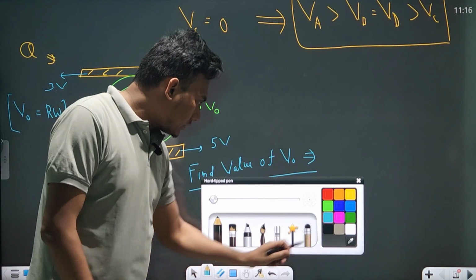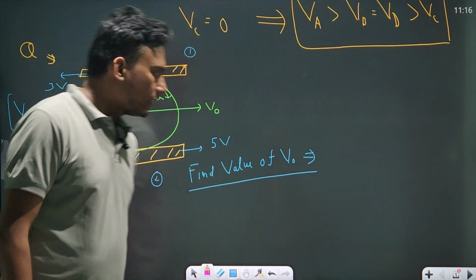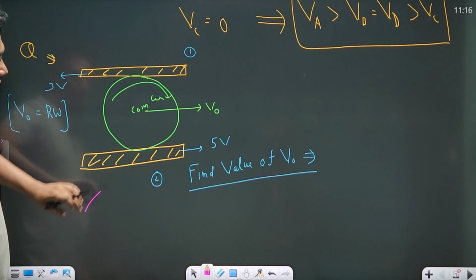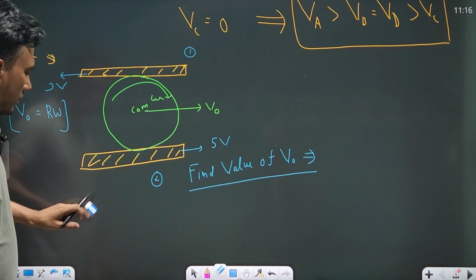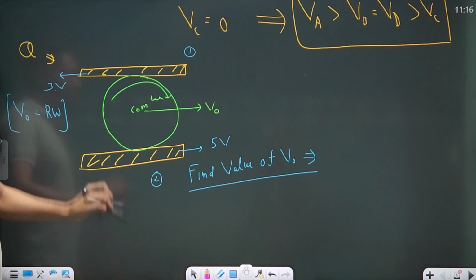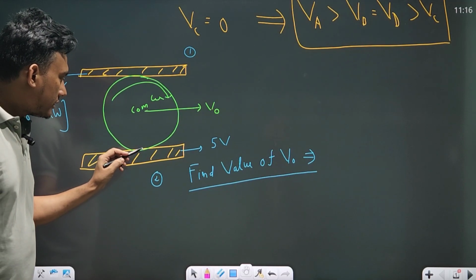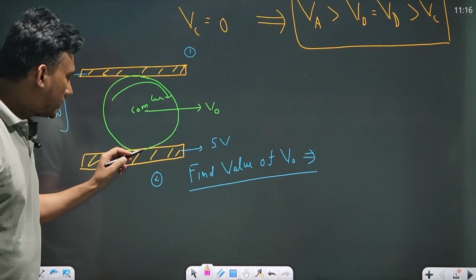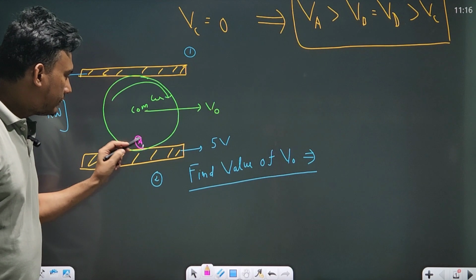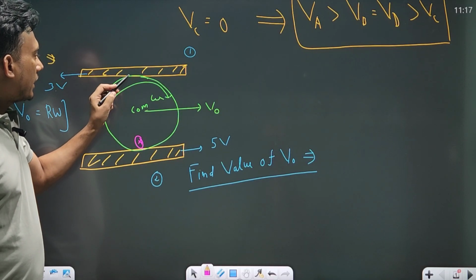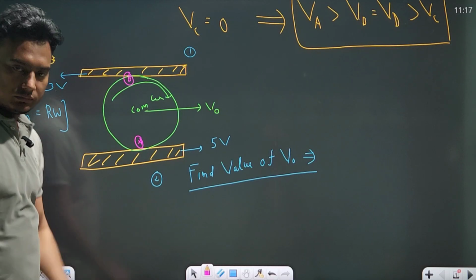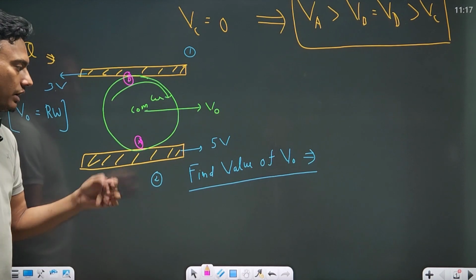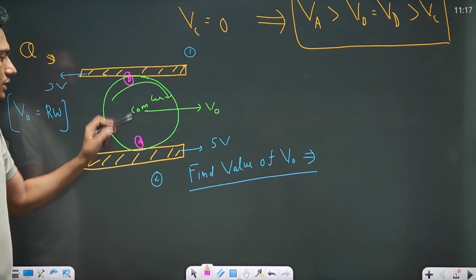Okay, so let's discuss the question. What is the solution? Look here: you can see two contact points. One is contact point A, and this one is contact point B, because if we apply the condition of pure rolling, we always take the contact point.